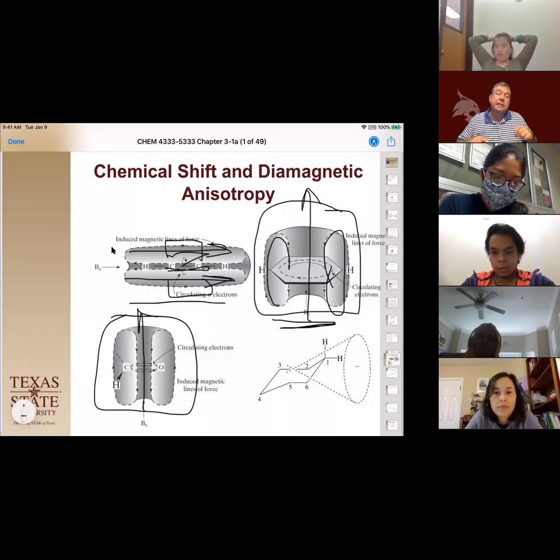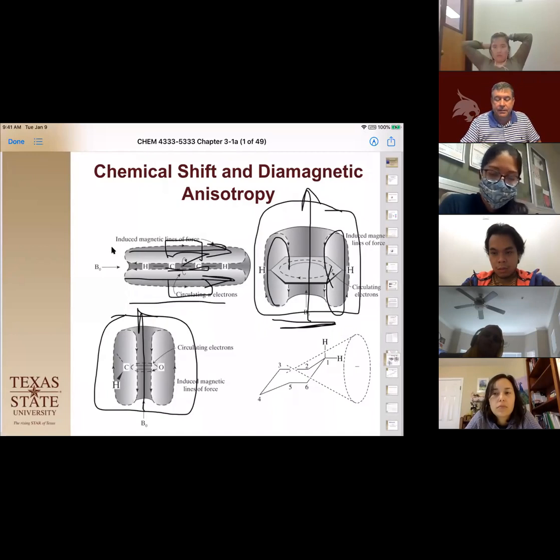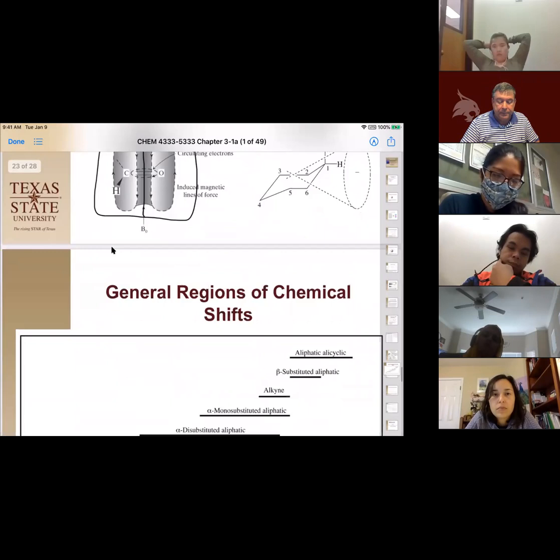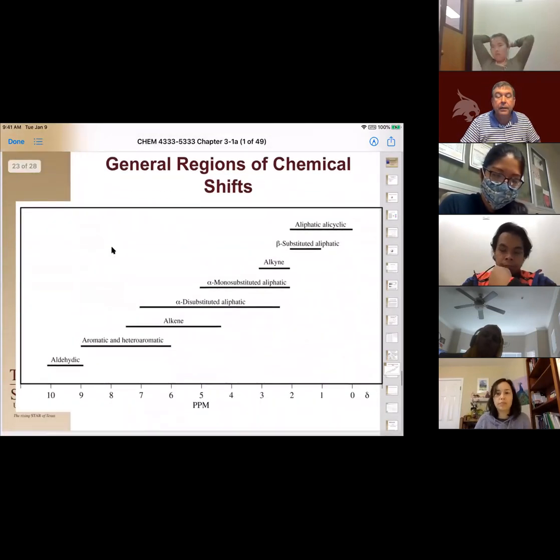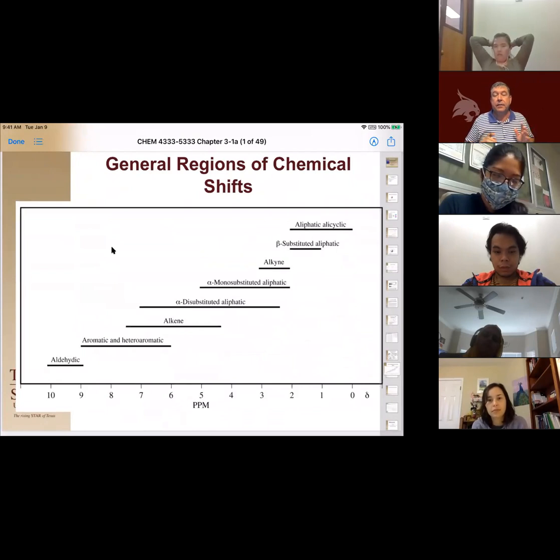And what we'll see consistently through our tables is that eventually you'll be able to draw a conclusion as to whether or not it's aligning with that magnetic field based on where it shifts. But most of the time you just have to assign the protons to the different systems. Okay, so that being said, we have expected places for things to be.